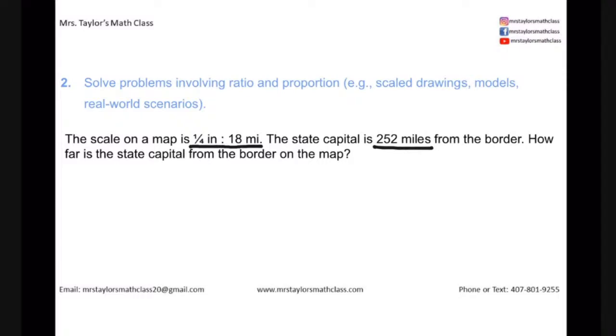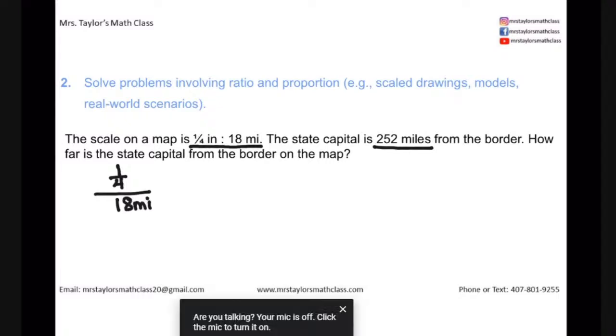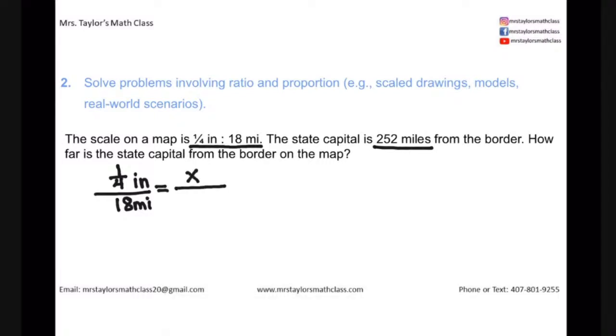So, I know this may look funny, but this is what you would need to do. You would need to do 1/4 over 18 miles. And let me put my dimensions in as well. Set that equal to X inches over 252 miles. Okay? At this point, you would need to cross multiply.